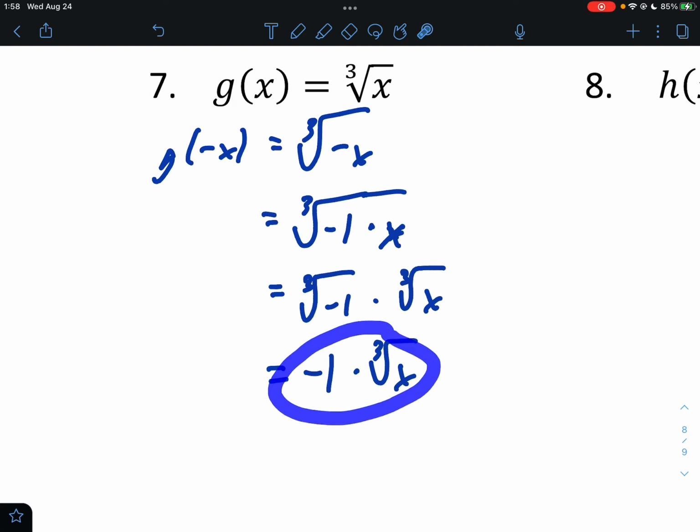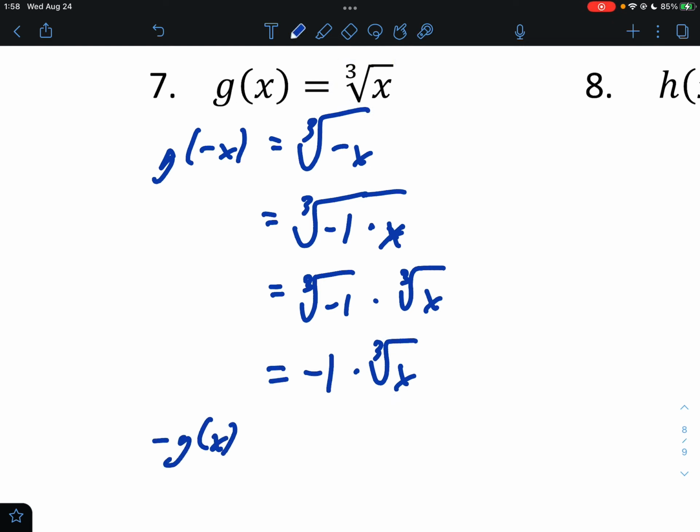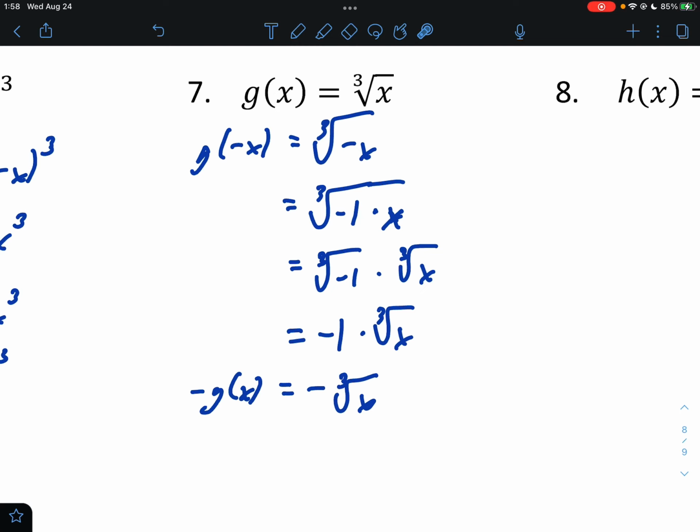So are these the same? Clearly not. But is the opposite of g of x equal to this? It sure is. So therefore, this would be an odd function, which again, we already knew. We're just proving it.